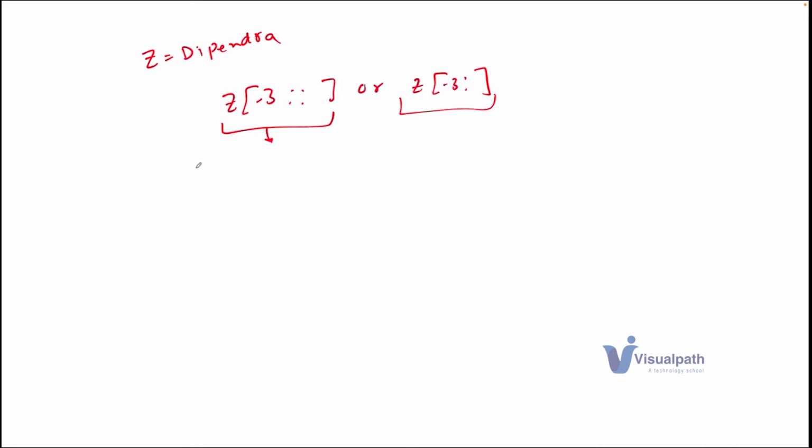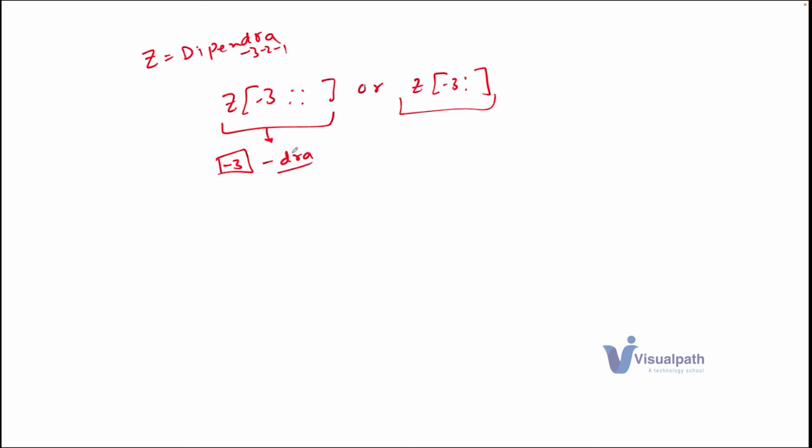Just recall whatever I explained. The first would be the item at index -3. What do we have? You said DRA. It says -3, -2, -1. So Madhu says DRA.